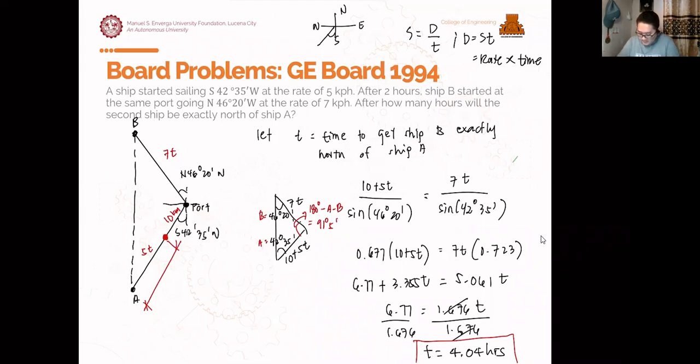Okay? So to apply cosine law, we will have, but this side is unknown to us, right?